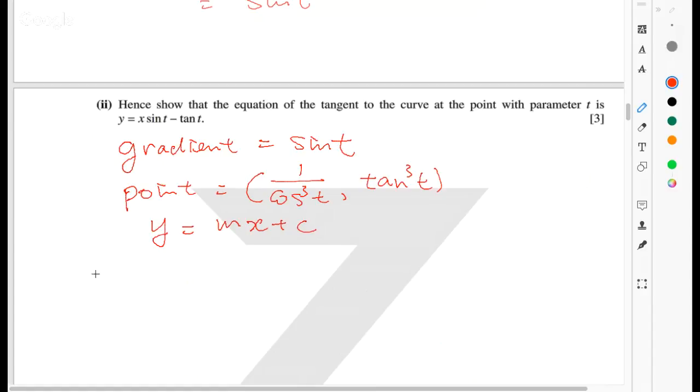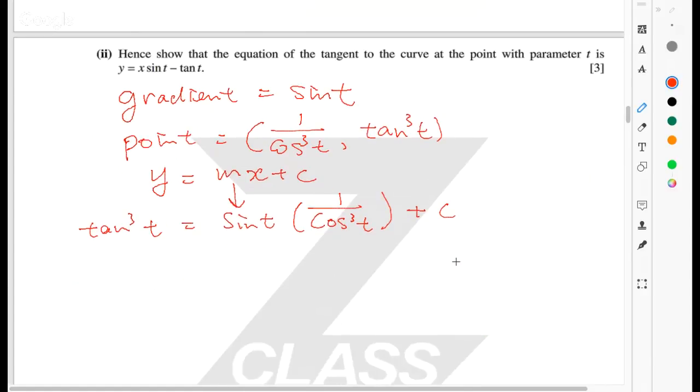We know that we can express y as tan cube t, and we know the gradient is sine t. We know the coordinate of x is 1 over cos cube t, and we don't know about the constant. That's what we're trying to find out.